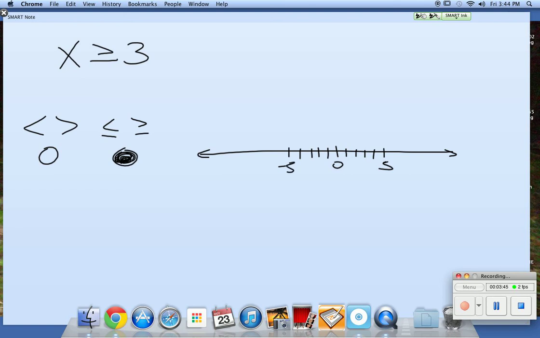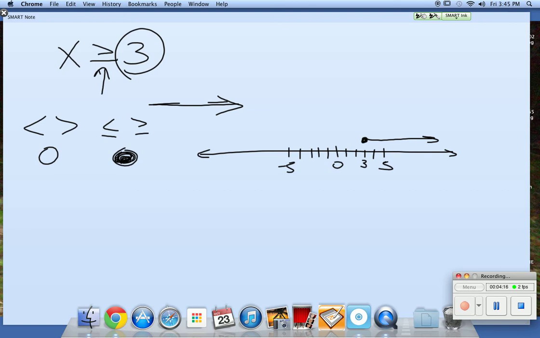All right, I've got my number line. I look at the number up here, and it's 3, so I'm going to count over 3: 1, 2, 3. And since this is a greater than or equal to, this is a solid dot. And I look at which direction my arrow is pointing. Well, my arrow is pointing this direction, so that's where I'm going to put my arrow.